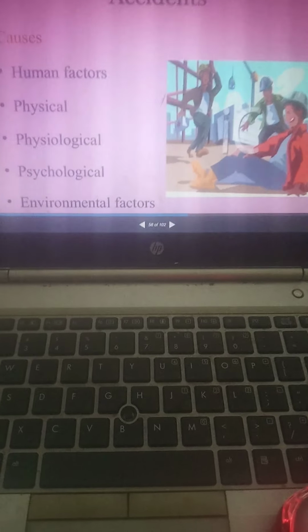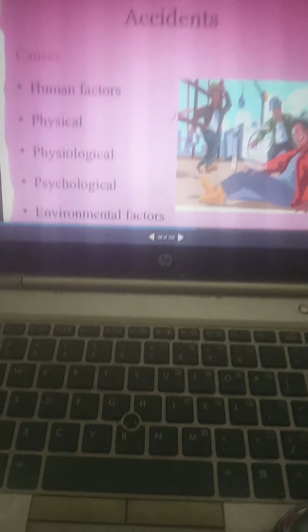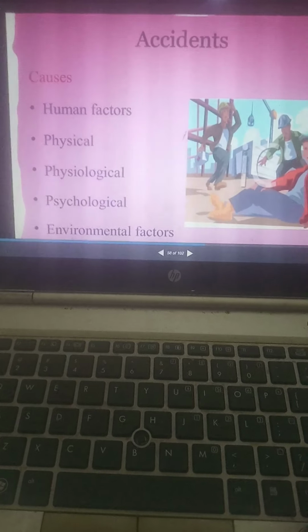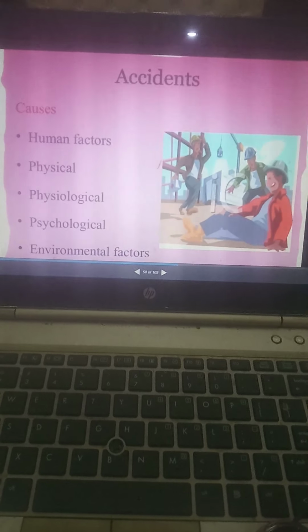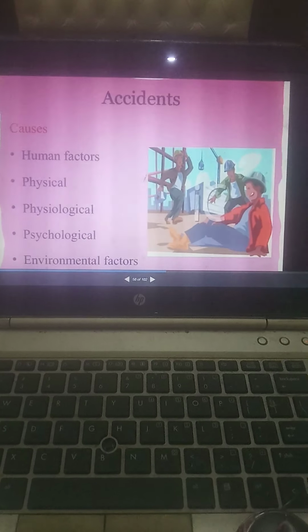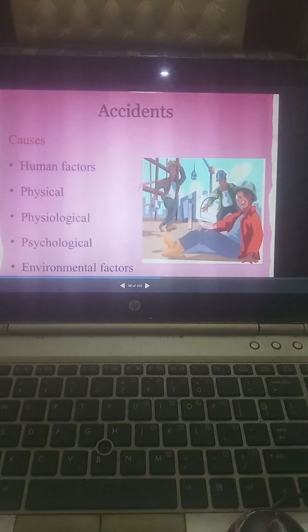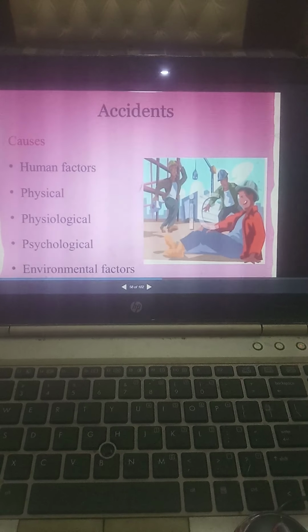Now, accidents again are very important aspects of occupational health. What are the causes of accidents in factories? They are bad human relationships. Physical factors means the machine itself is hazardous, that can cause more accidents.